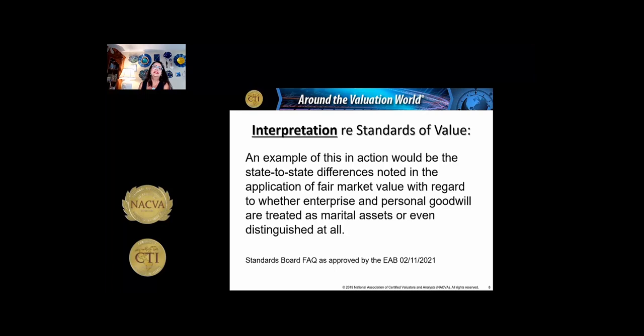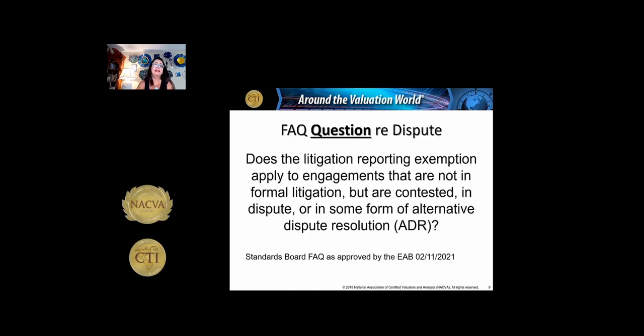An example of this in action would be the state-to-state differences noted in the fair market value with regard to enterprise and personal goodwill. Is personal goodwill treated as a marital asset, or is it even distinguished at all? And as we discussed, that varies from state to state.